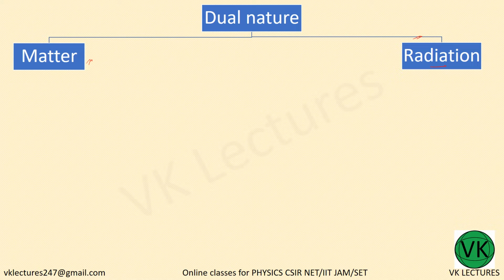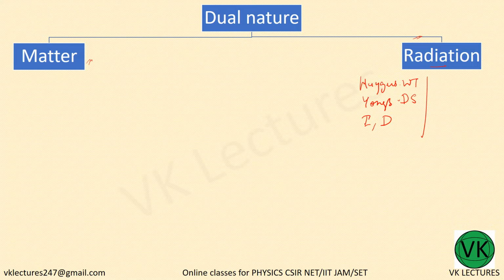Some of the theories that state radiation is wave are Huygens wave theory, then Young's double slit experiment, then phenomena like interference, diffraction, etc. come under radiation as wave.